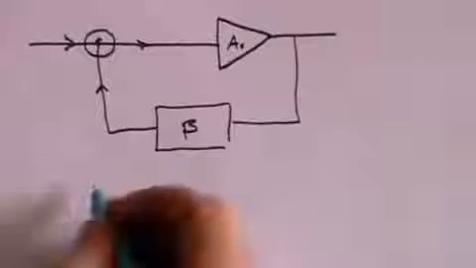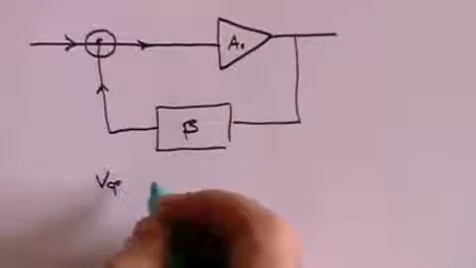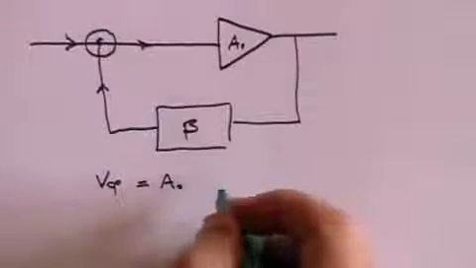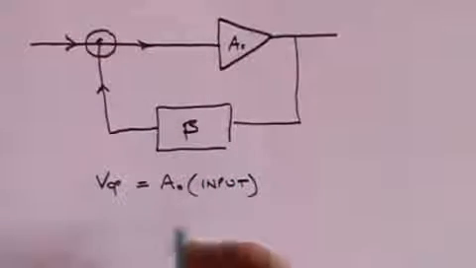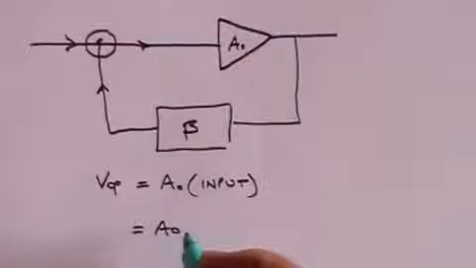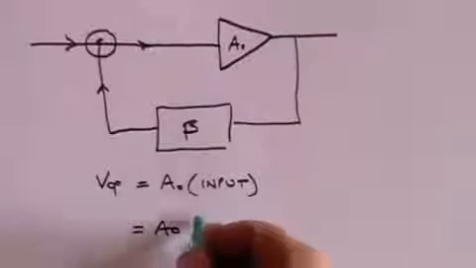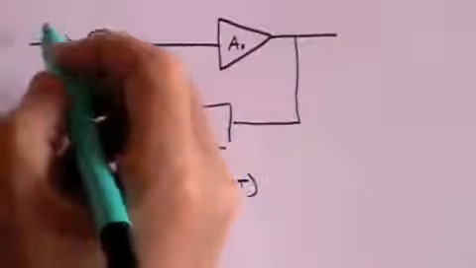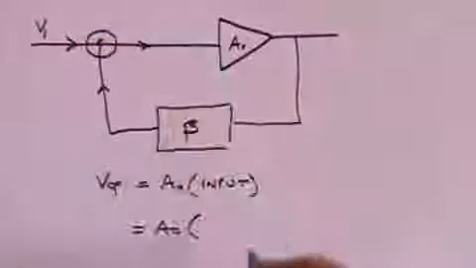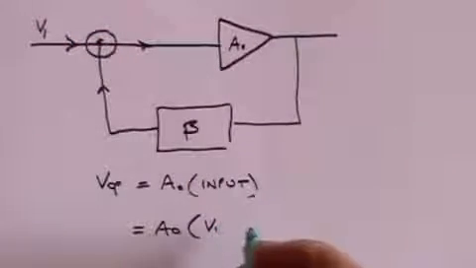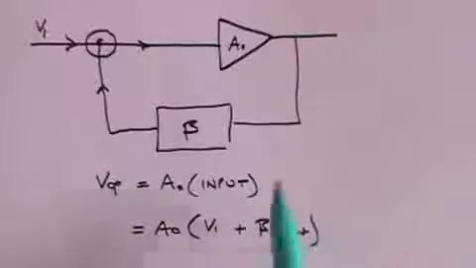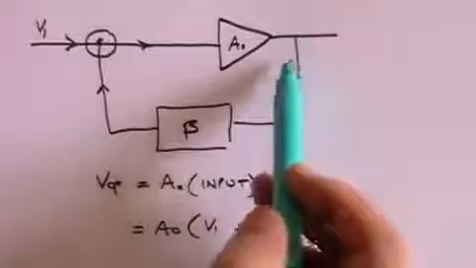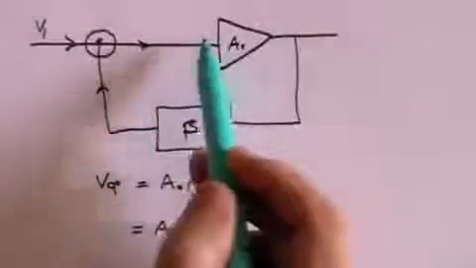Well, in essence, the output voltage is equal to the gain times the input. And that is equal to the gain, A0, times V in, which is the input coming here, plus beta V out, because the proportion of the output voltage is being fed back into the input.